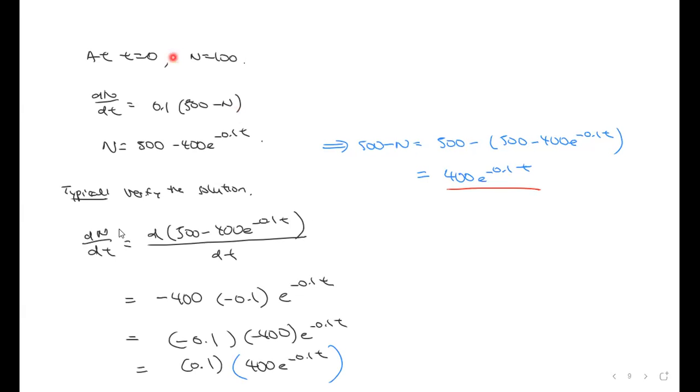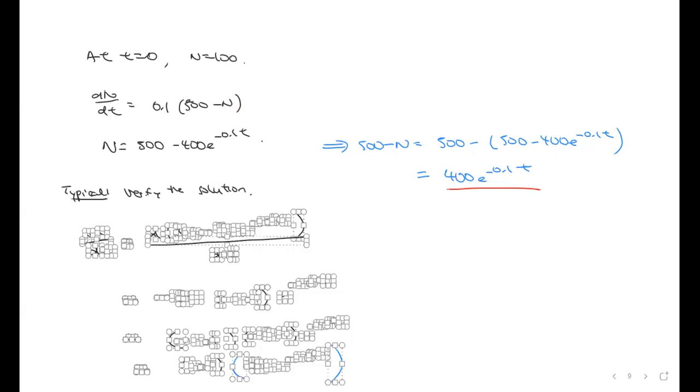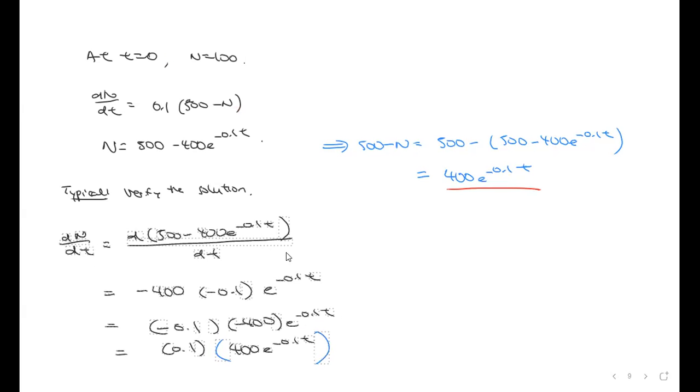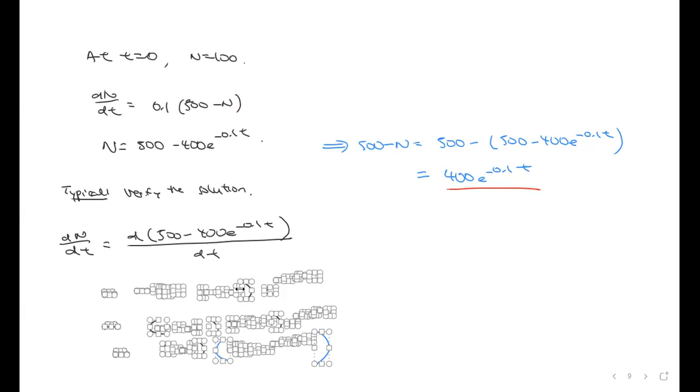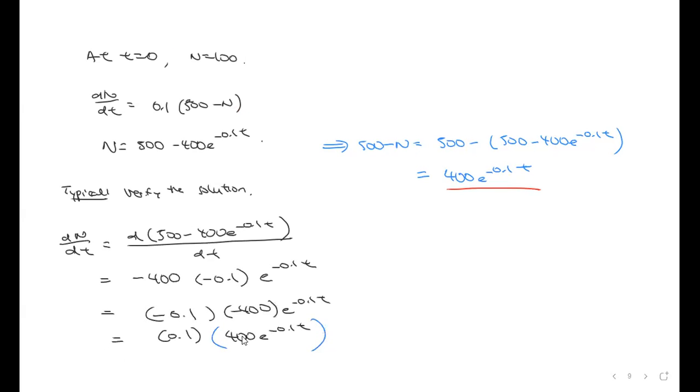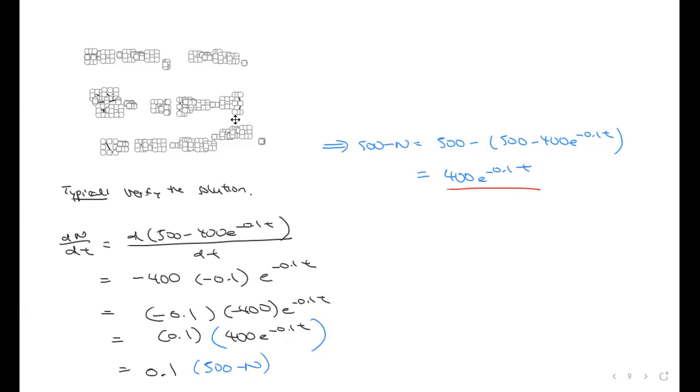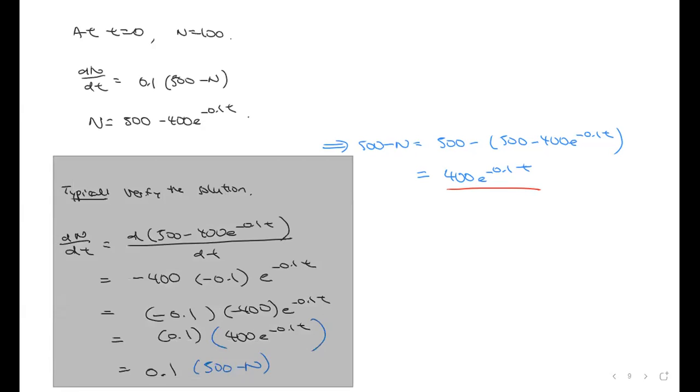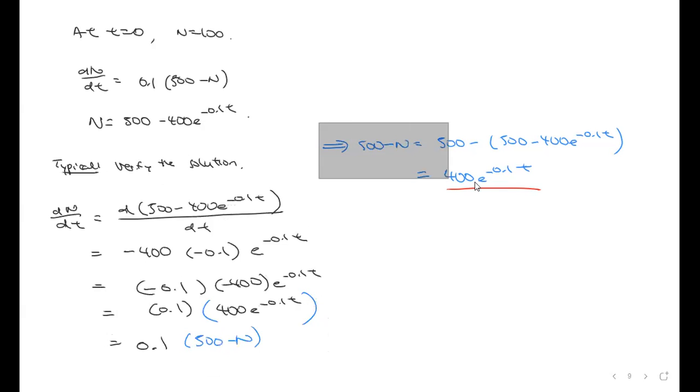So I've derived it validly, and I've got this result, which is literally just 0.1 times (500 minus N), which is going to fulfill my criteria. dN/dt equals 0.1 times (500 minus N). So I'm done. If I was to just verify the answer, that is what you would usually do in most questions, and that's fine. That's usually the requirement. You don't need to do much more than that usually.